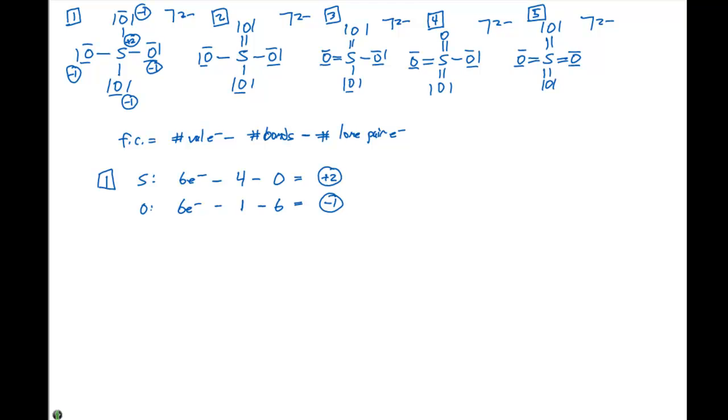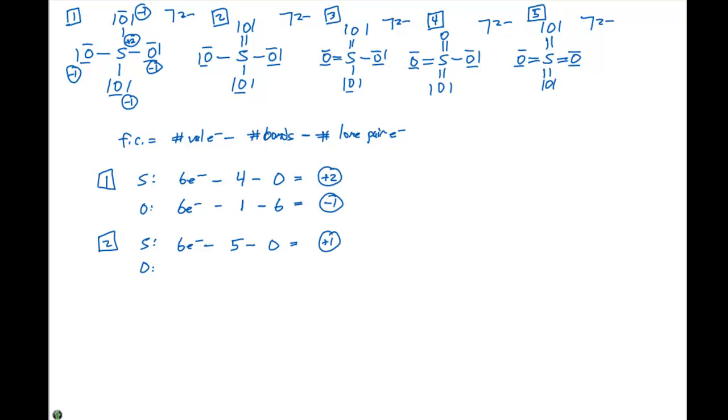Okay? So in order to compare these, we have to write out the formal charges for every atom in all of the molecules. So in the second case here, our sulfur is going to look a little bit different than it did in molecule number 1. Here, our sulfur still has 6 valence electrons. There's going to be 5 bonds around it, still no lone pairs, and it's going to have a formal charge of +1. For the oxygens, there's 2 different oxygens in this case.